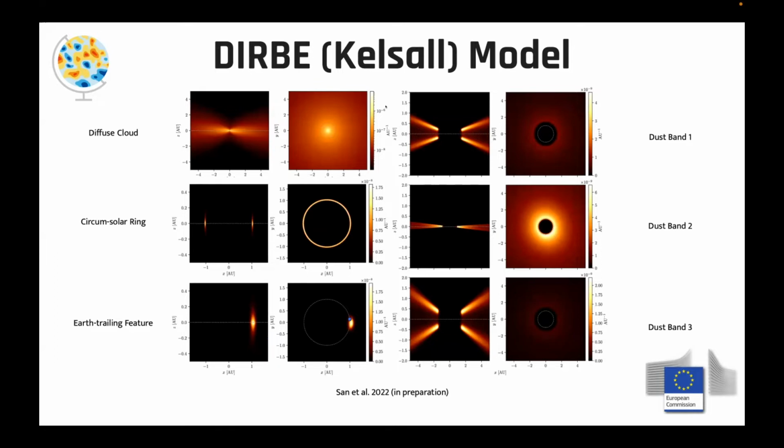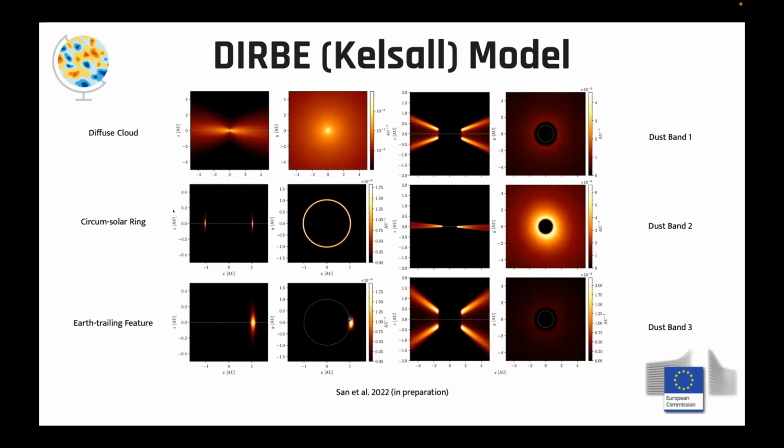So we have the diffuse cloud, which is the major contributor to the overall dust density, and it essentially encapsulates the solar system. These images are cross sections, one perpendicular to the ecliptic and one along the ecliptic, which show the dust density distribution.